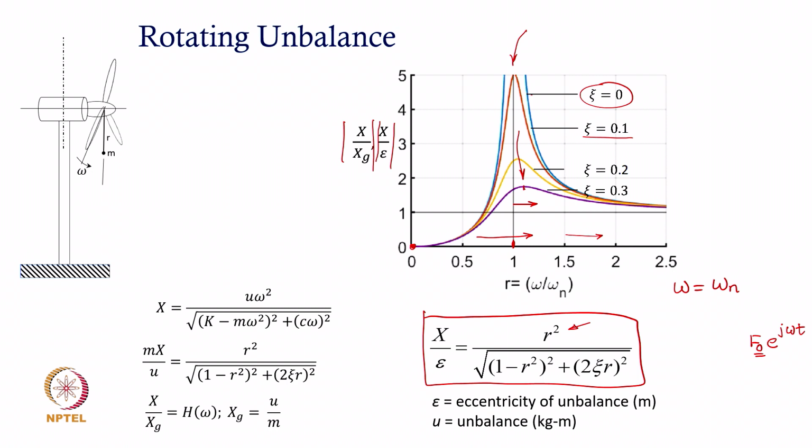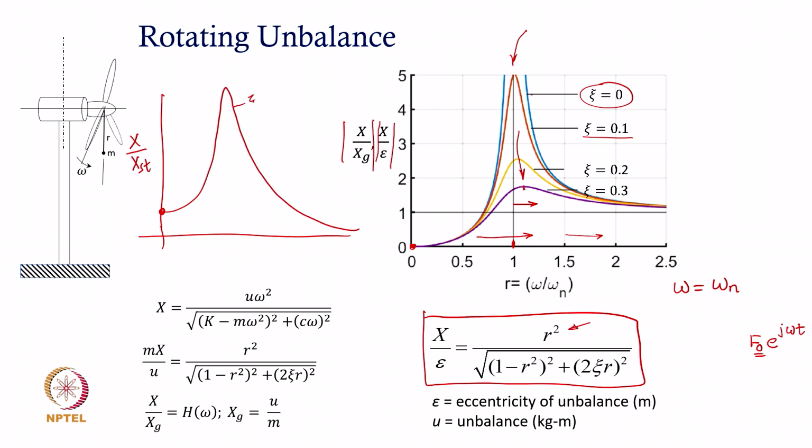This same graph, when plotted for x over zero frequency deflection, the dynamic magnifier actually started from the value of 1, and let us say this was for damping equal to 0.1. For a higher level of damping, the peak actually shifts towards the left.